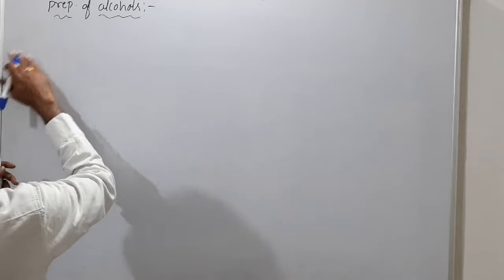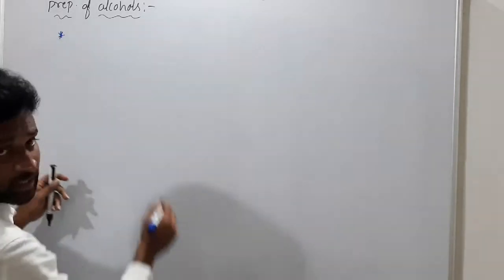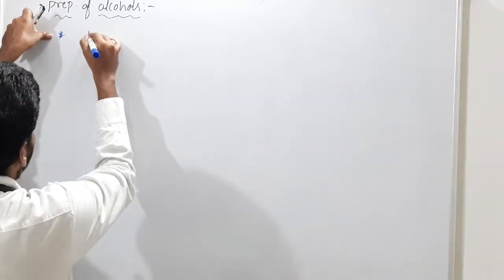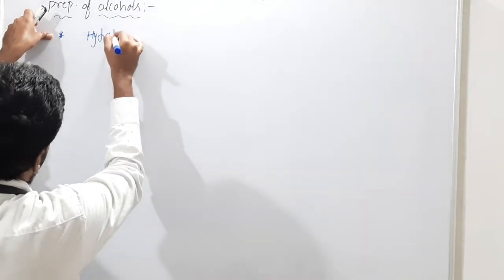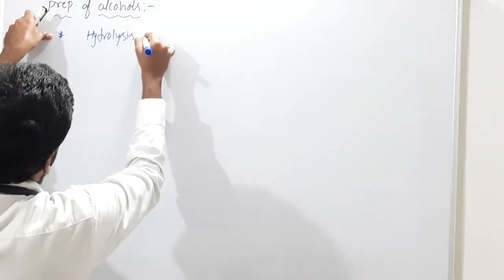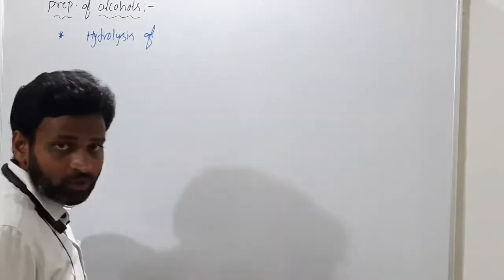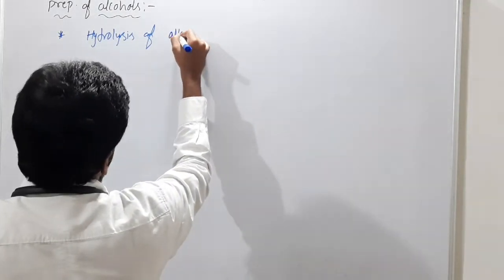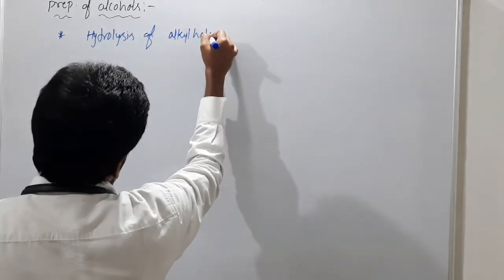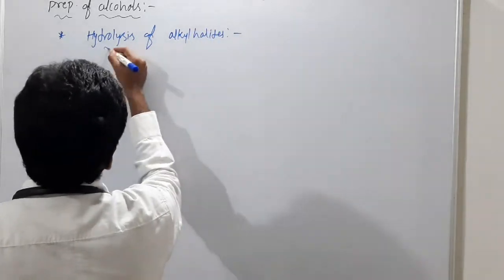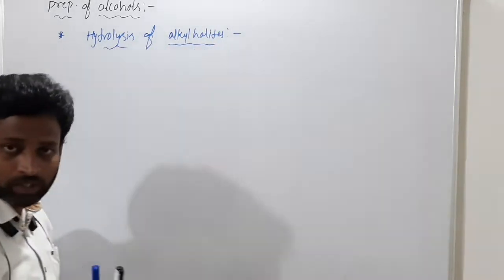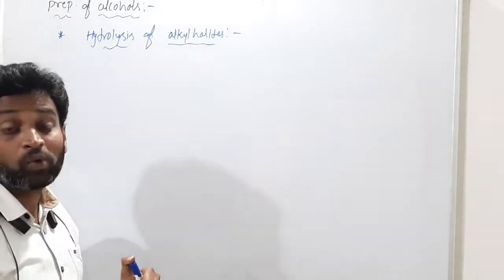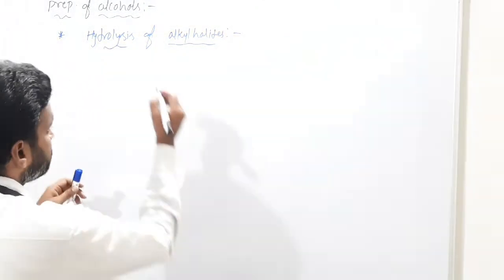I don't know exactly what the number is, how many preparations we discussed, but the next preparation is hydrolysis of alkyl halides. Actually, I gave this already. If you use aqueous KOH, what is the product?